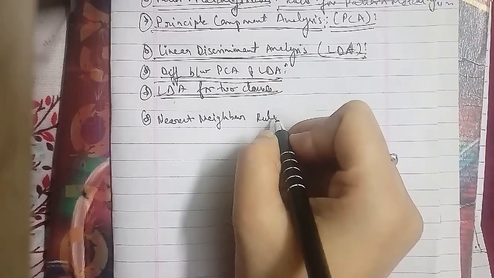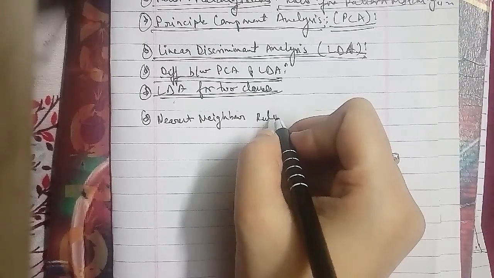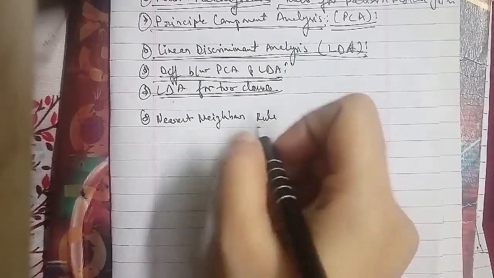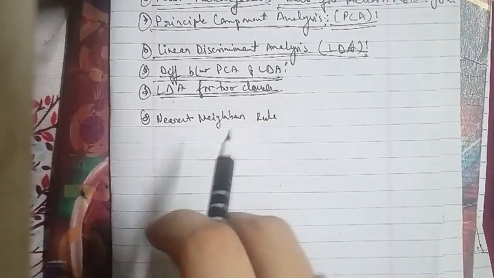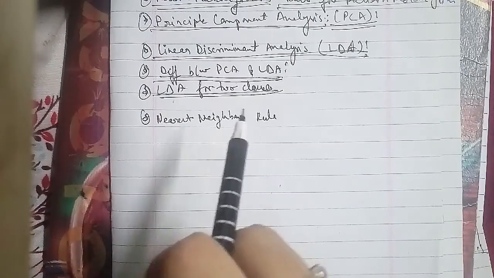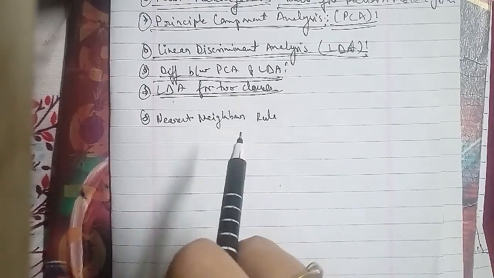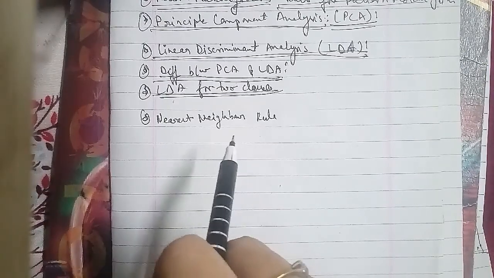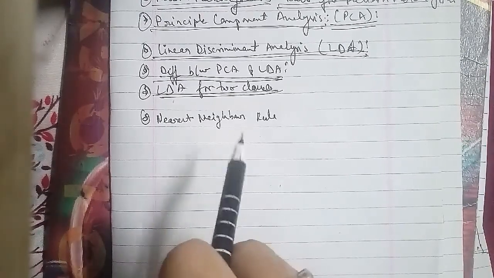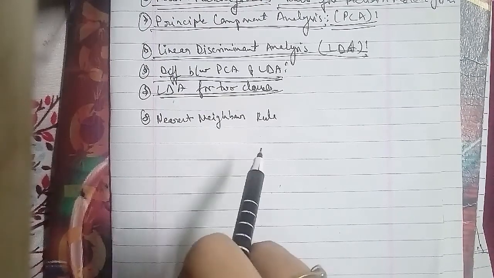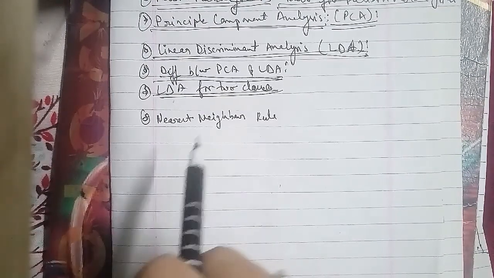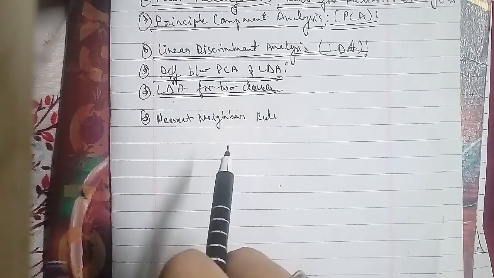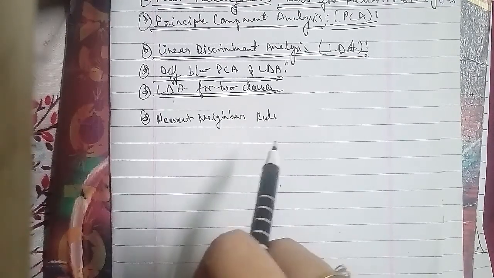In the nearest neighbor rule, in pattern recognition, if I'm talking about k nearest neighbor, it comes under this: in pattern recognition the k nearest neighbor algorithm, that is KNN, is a method of classifying objects based on the closest training examples in the feature space, where KNN is a type of instance-based learning or lazy learning where the function is only approximated locally and all computation is deferred until classification.